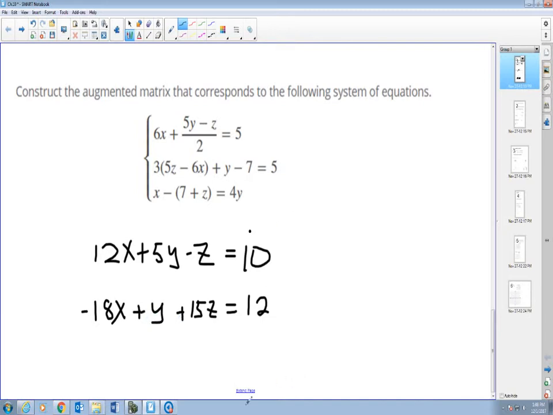Alright, my third equation, x is x. Move my positive 4y over to the left side of the equal sign, that will be -4y. -1 times positive z, negative z, stays on the left. -1 times 7 is -7, move it to the right-hand side, that will be positive 7.